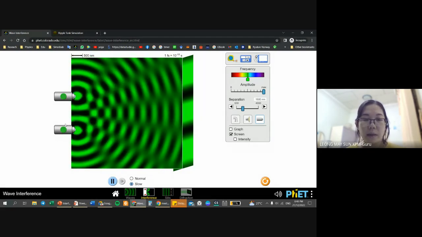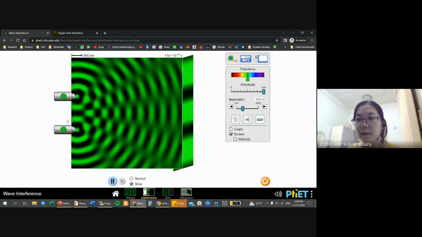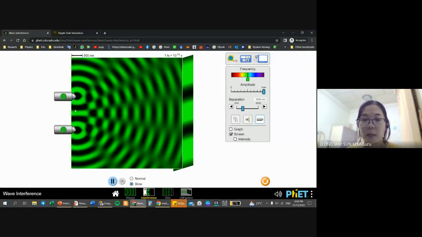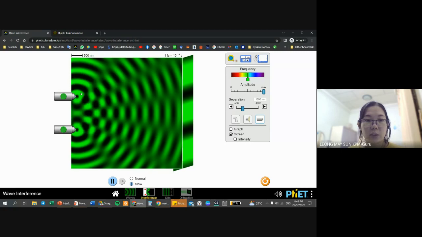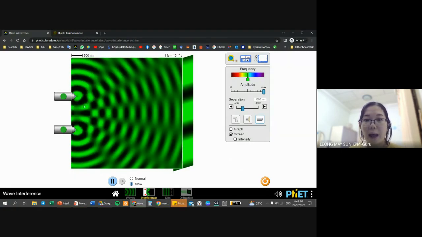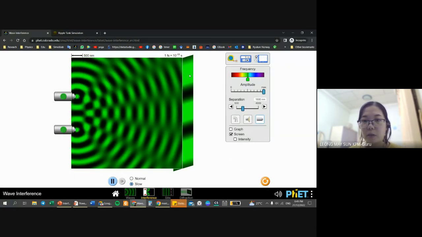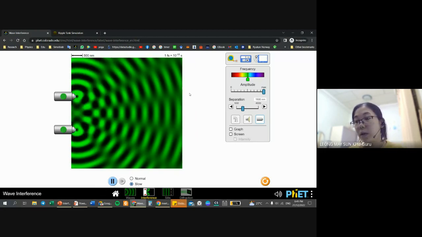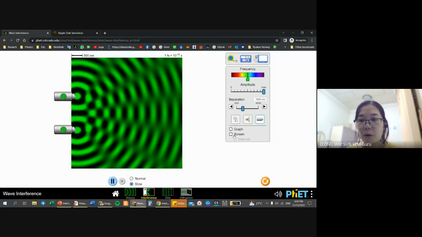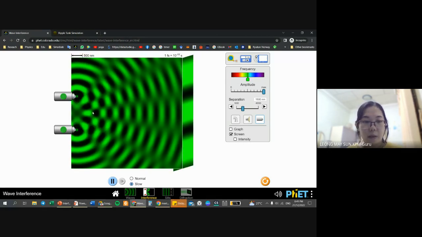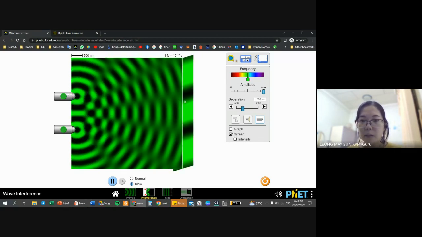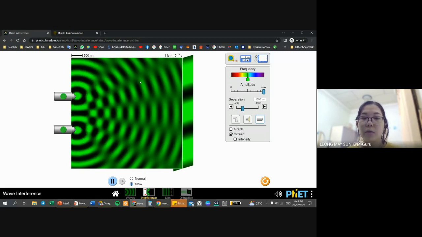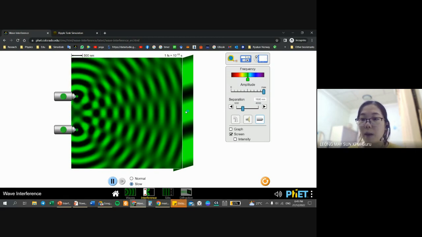So between them, this is the symbol small a. Now, capital D is from this source up until this location, because this is my screen over here. If I don't have a screen, I have no idea where I am measuring it. So if I put a screen, from the source up until the screen, that is our capital D. It is the distance from the two coherent sources to the point where we are measuring.